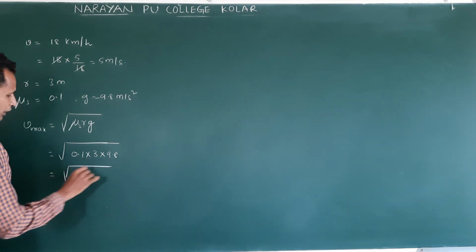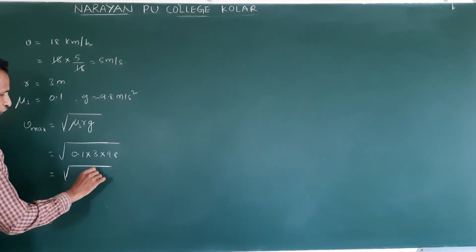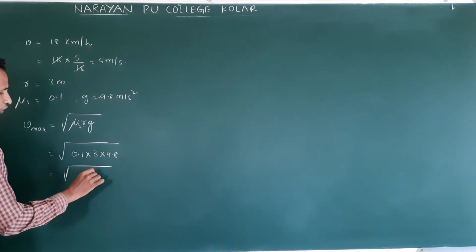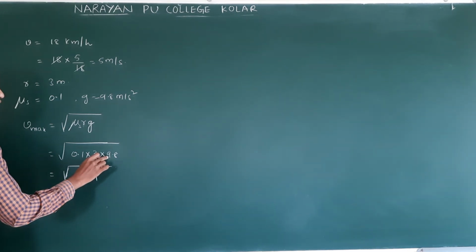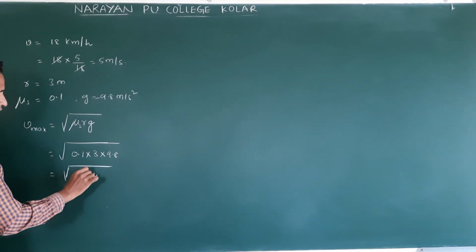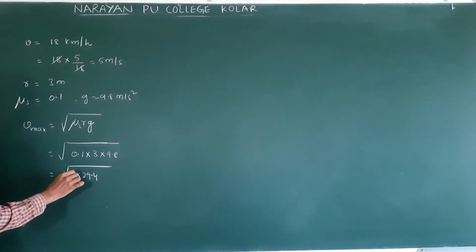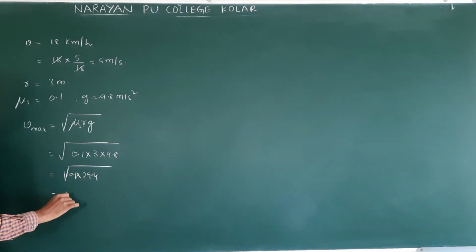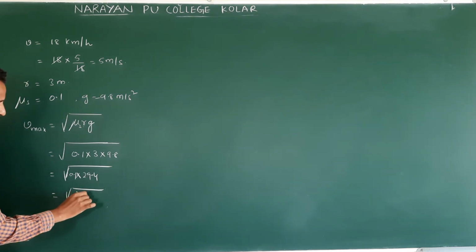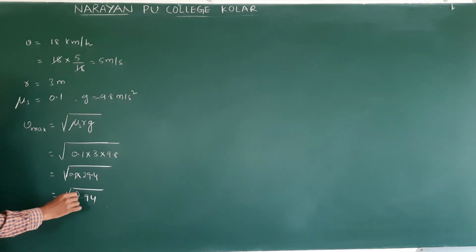If you multiply 3 into 9.8, one decimal is there, into 0.1, so one more decimal will increase: 2.94. Root of 2.94.